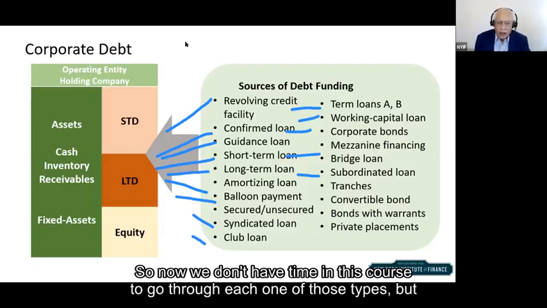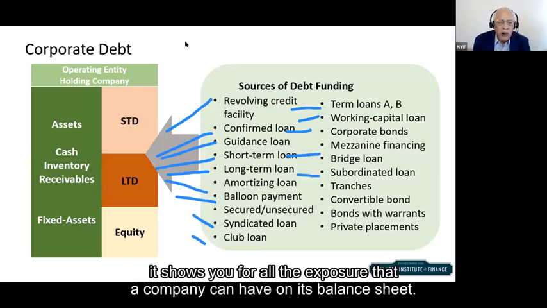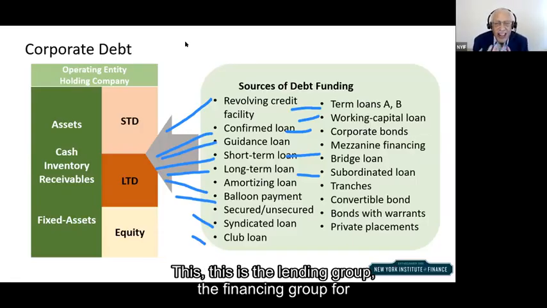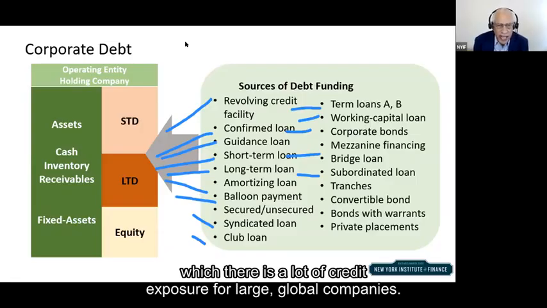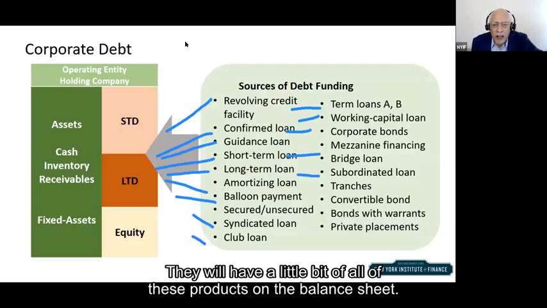So now, we don't have time in this course to go through each one of those types, but it shows you all the exposure that a company can have on its balance sheet. This is the lending group, the financing group, for which there is a lot of credit exposure. For large global companies, they will have a little bit of all of these products on the balance sheet.